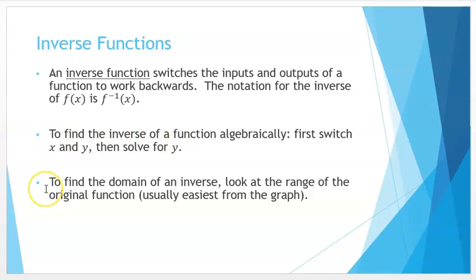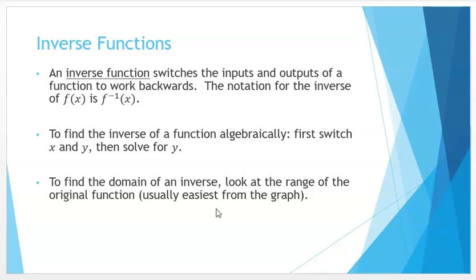Now, separately, some questions may ask you to find the domain of the inverse function. This is a little different than you might expect because you can't just look at the inverse function after you find it and then identify where is the denominator 0 and where is the inside of a radical negative. For this, you actually need to look at the range of the original function.